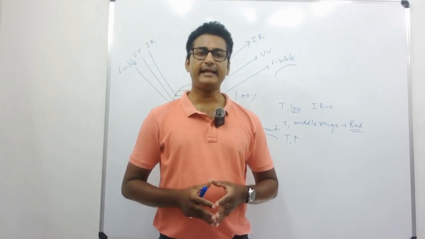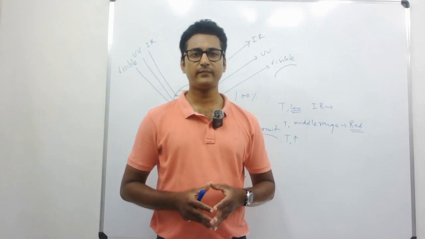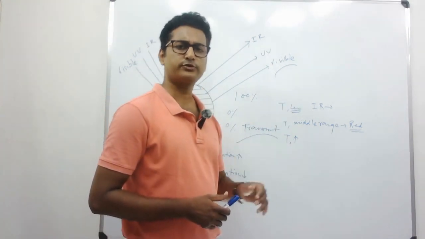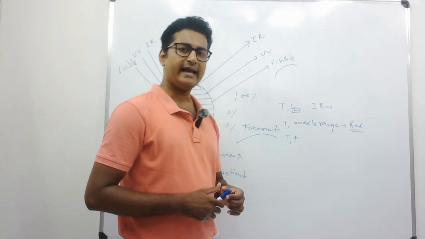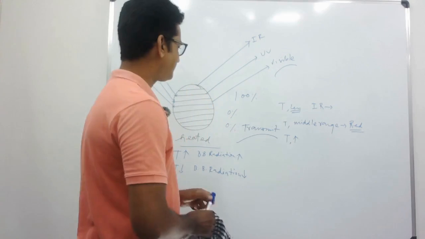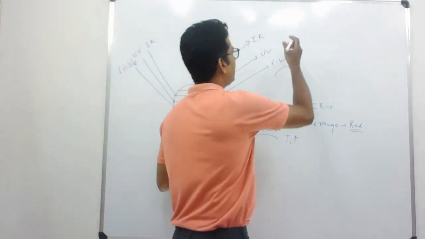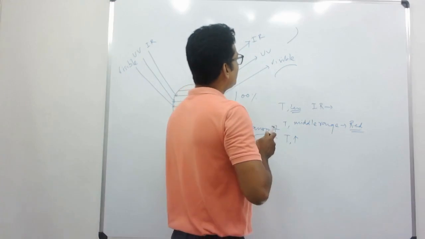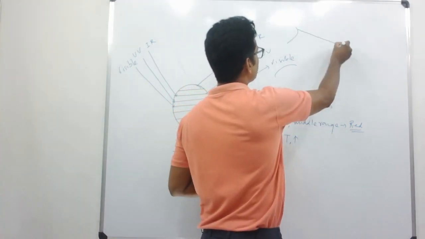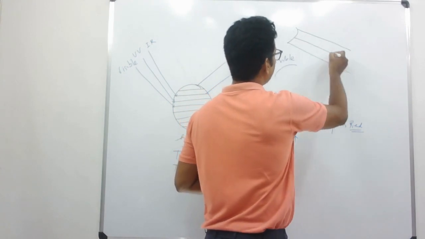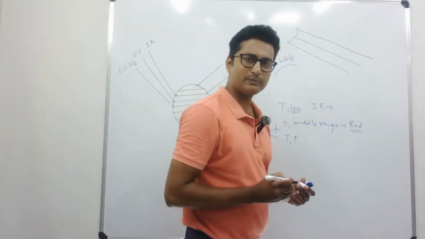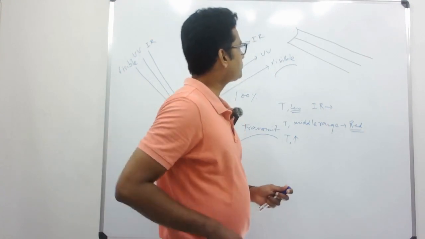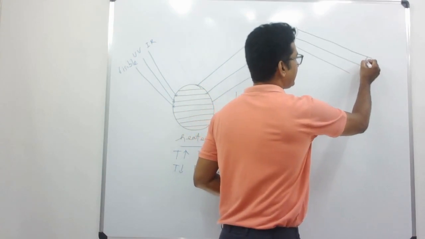But Max Planck, in his quantum theory, explains that whenever any energy comes from a source, if I take light as an example, then if light is coming from this source, according to Max Planck, this energy which is coming out from the source would come in a discrete manner.